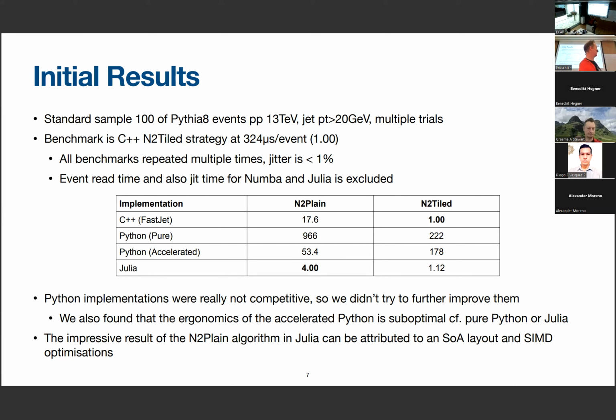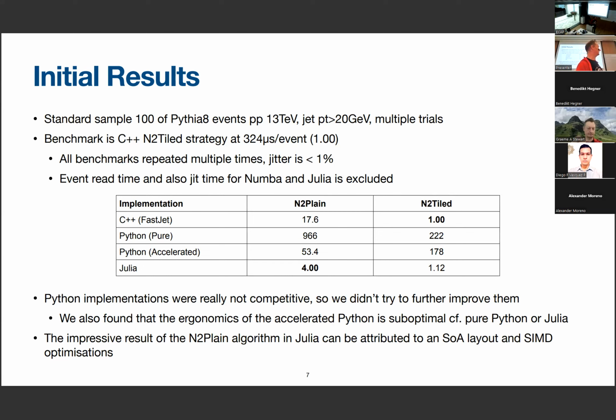For the tiled implementation, which we of course expected to be much faster, FastJet was indeed the best. Julia came extremely close. It was 12% off, but that's a pretty good result, actually. Pure Python was quite a bit faster when you use the tiled implementation, getting about a factor of 4 speedup.